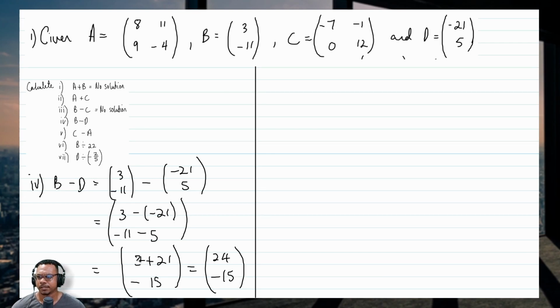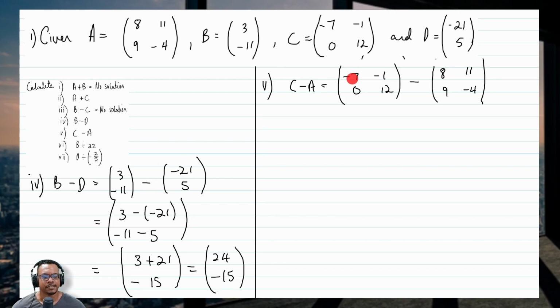And part 5, C take away A. Matrix C is negative 7, 0, negative 1, 12. Take away A, which is 8, 9, 11, negative 4.